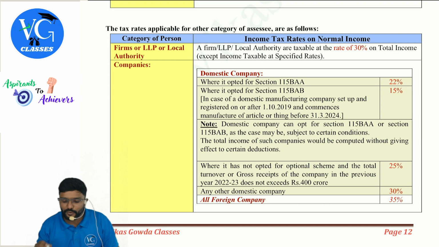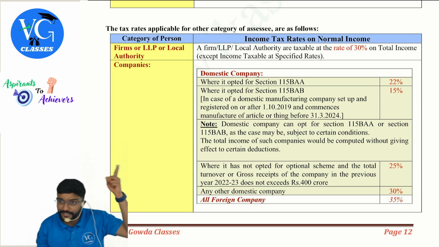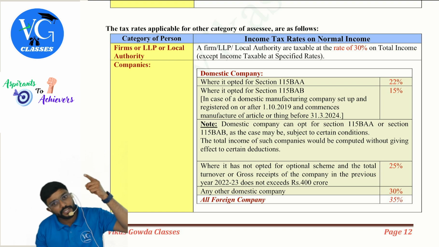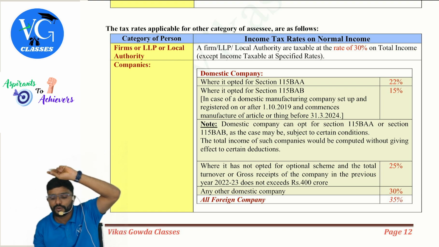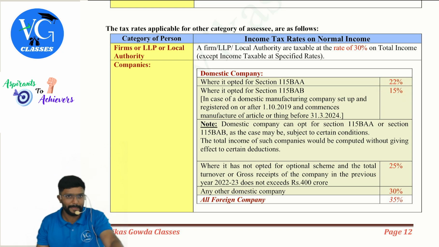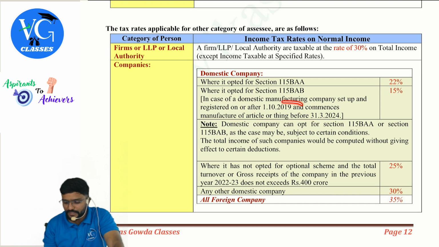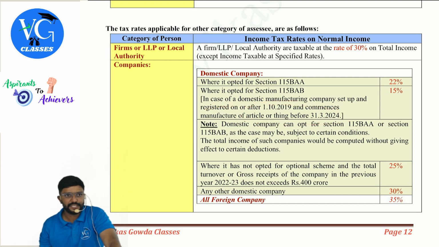And BAB is available only for a domestic manufacturing company which has been set up on or after 1st October and before 31st March 2024, for which the time period is already over. Time period already over means whoever was set up during that time will continue to pay tax even after 31st March 2024. At what rate? 15%. You should have set up your business between these dates.